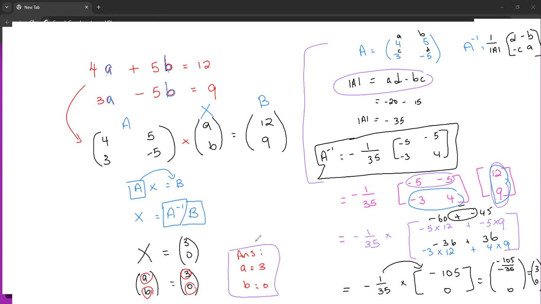And you could always check it back by substituting the values of A and B into each of them separately. So you do the first one. If you substitute it and you work it out and you get the answer for both, you know that you are correct. If it's not, you just go back through your steps and see where you probably made an error. It's actually really easy to pick up once you follow through the steps.